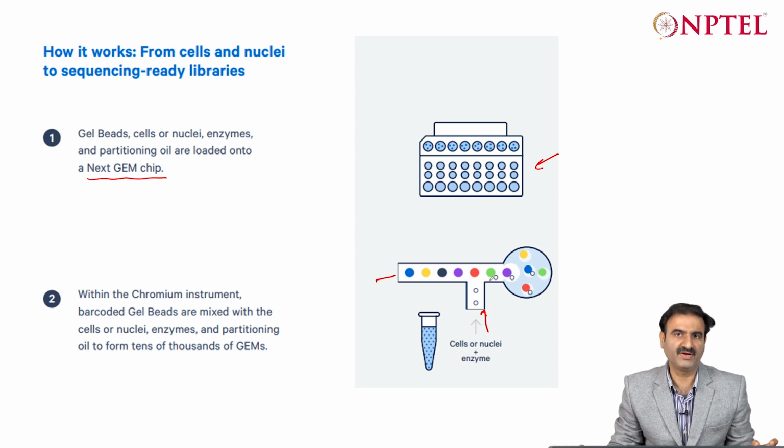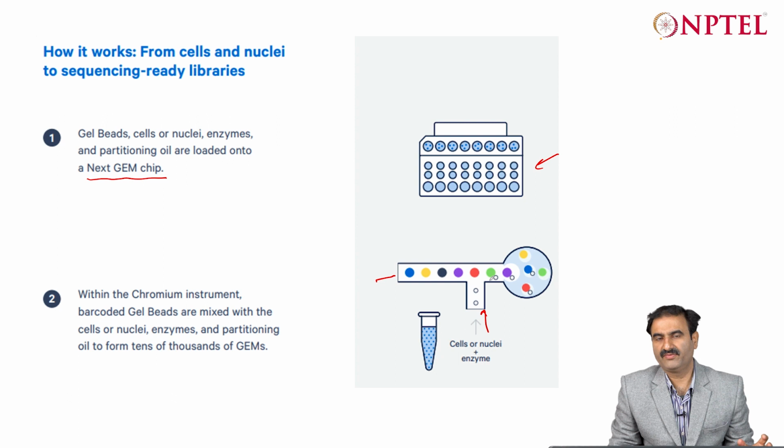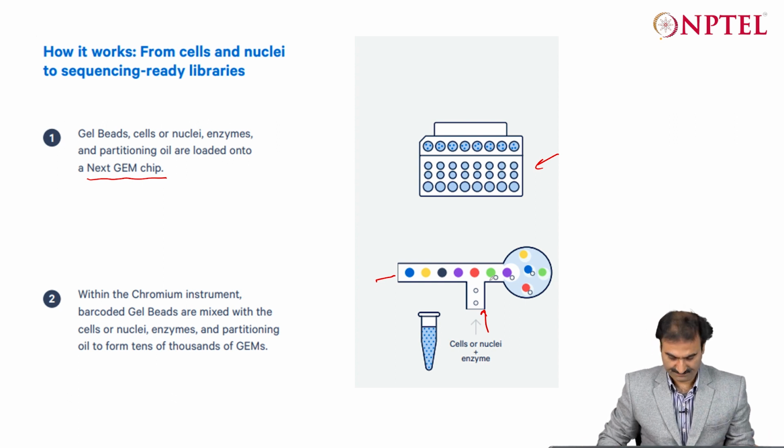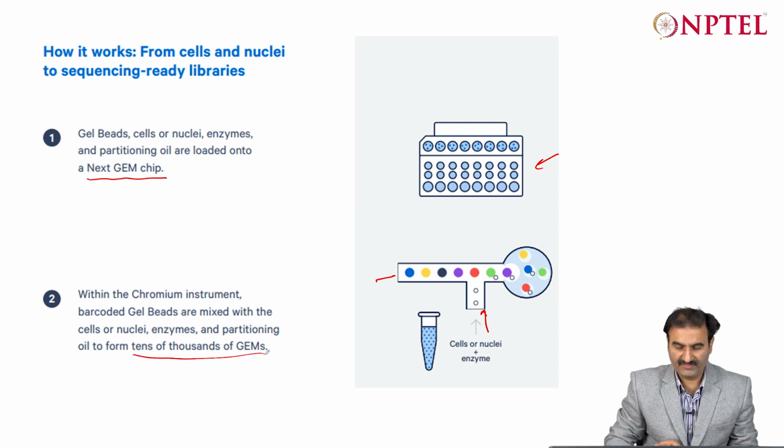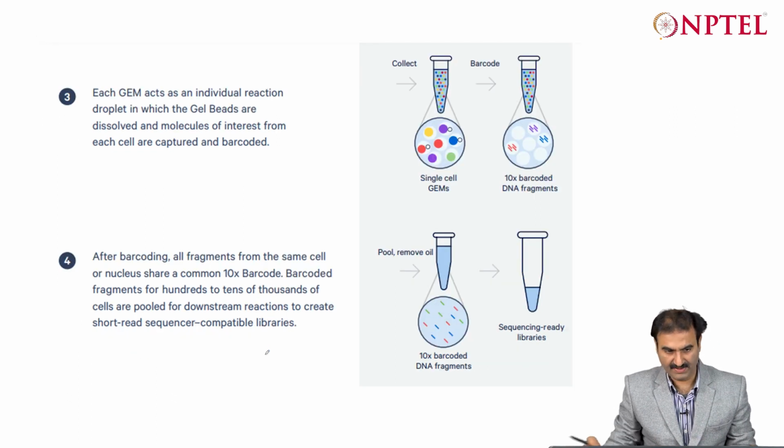We will see this process in detail, but the idea is that you have beads with unique barcodes, and whatever goes into one bead will be labeled and treated separately, so that it can be resolved later and considered part of the link read for that barcode. There may be tens of thousands of GEMs per run.